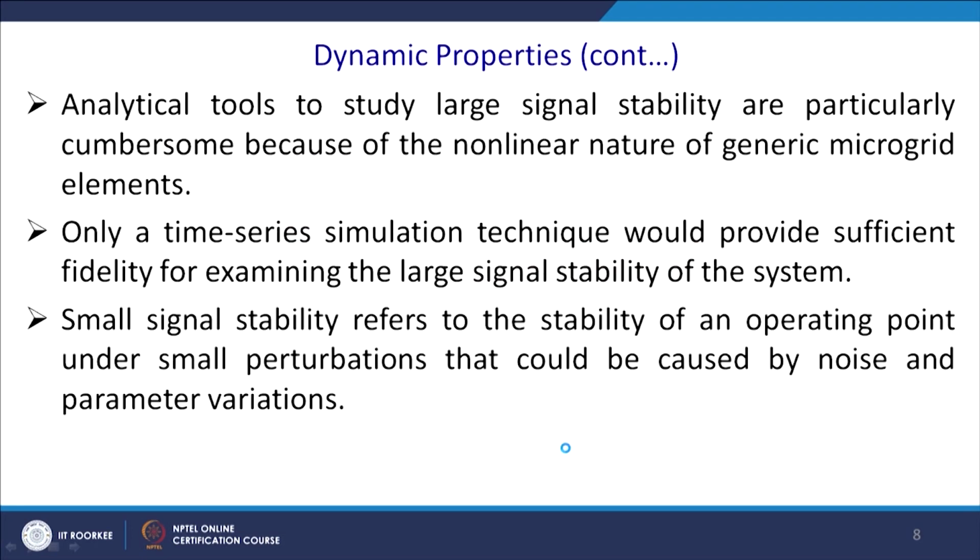So, you have to linearize it, and analytical tools to study the large signal stability are particularly cumbersome because of the nonlinear nature of microgrid elements, because essentially all the elements in the microgrid come with power electronics elements. The operation of power electronics conversion is nonlinear.